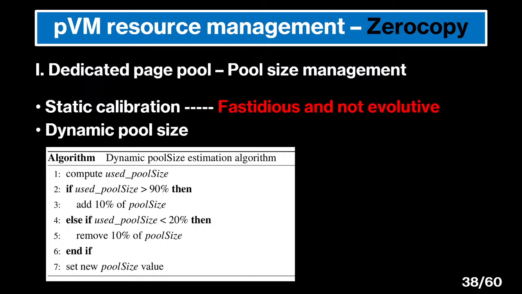Each time the percentage use exceeds 90%, we are going to increase the size of the pool by 10%. And each time it decreases below 20%, we are going to remove 10% of the pool size. By doing so, we can have a pool size which will adjust to the activities or to the load of the virtual machine.